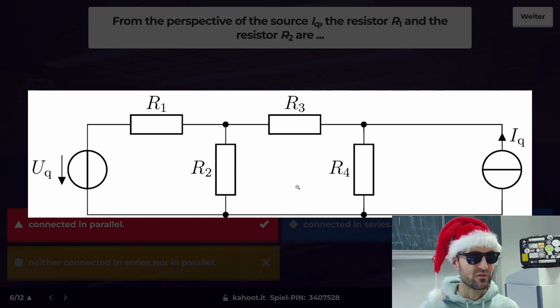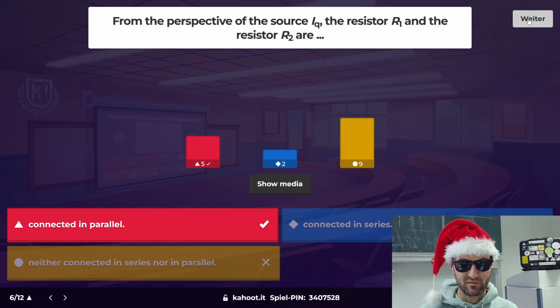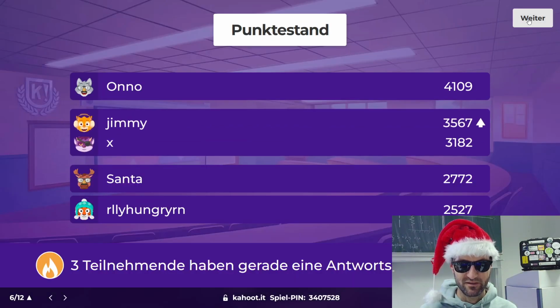If we switch off the voltage source it will turn into a short circuit. And if this is just a short circuit, then we have the same voltage drop across this resistor and across this resistor. So they are connected in parallel. That's why the red answer is the correct answer.